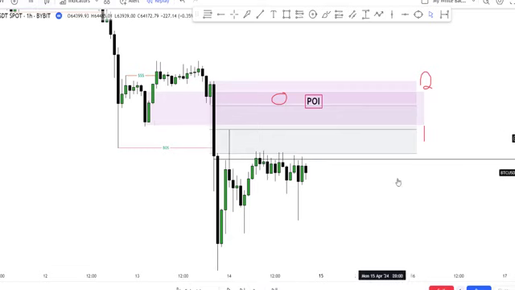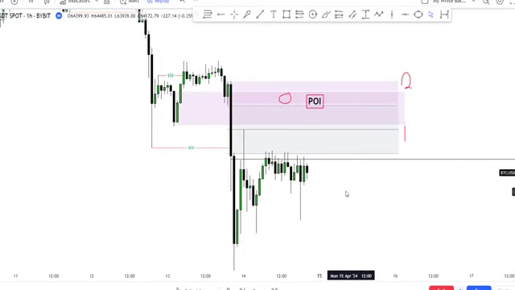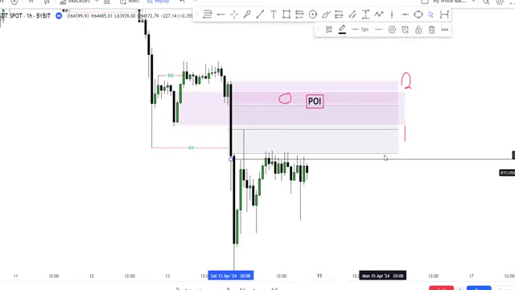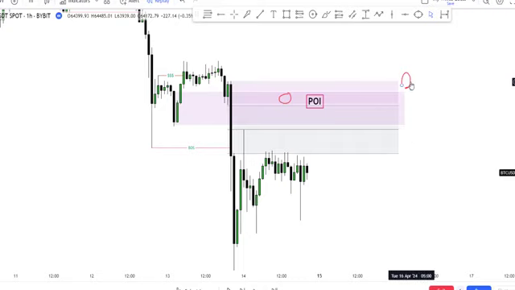Remember, the time frame is the 1 hour time frame, and the shift in market structure I will need to see would have to come in either the 15-minute time frame or the 5-minute time frame. And that is where it is important for you to wait for the retracement. As price is retracing, I will patiently wait for it to come back to my point of interest. But how do I monitor it?